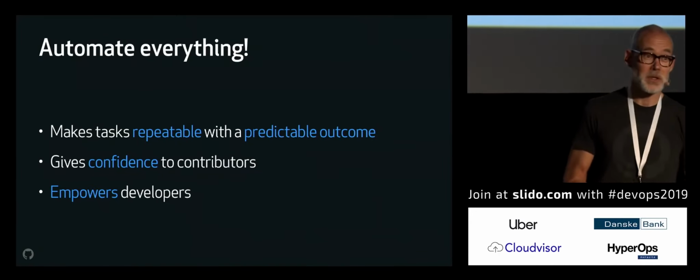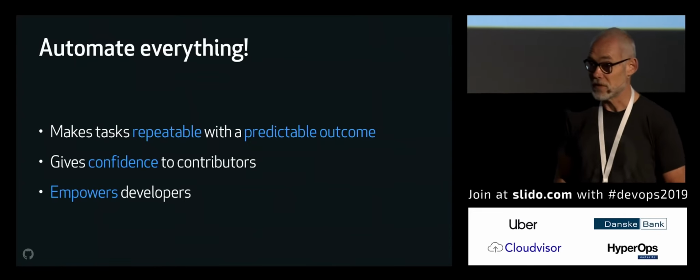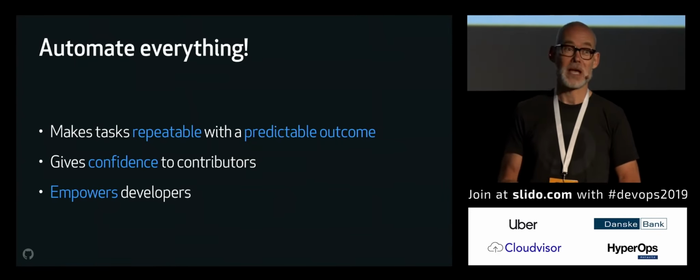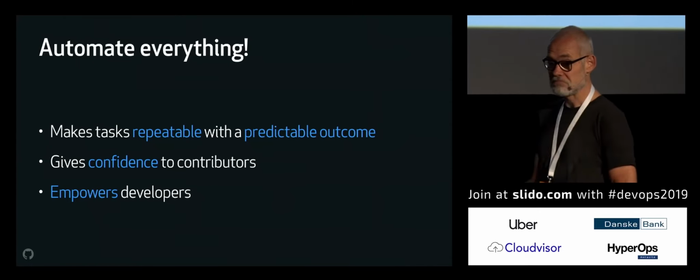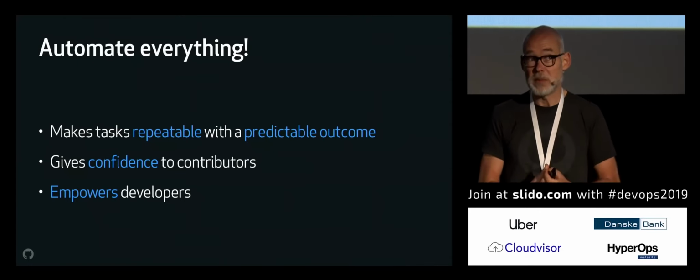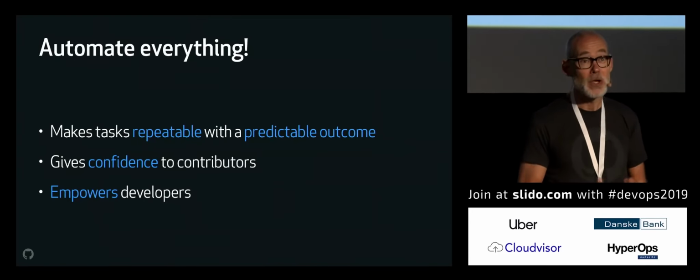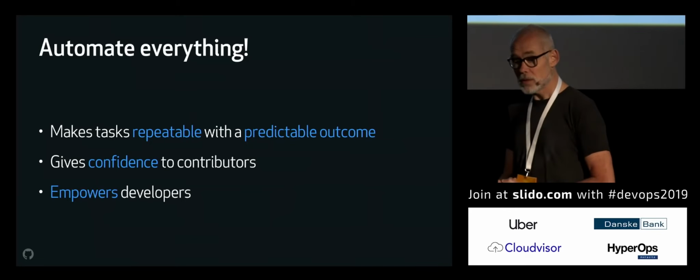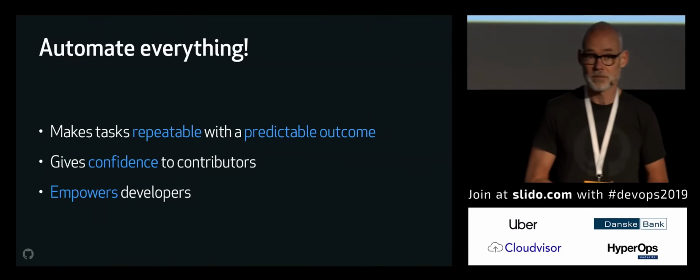In DevOps, and I think almost every talk here at this conference at some point mentions it, the message is automate everything. With automation, it makes tasks repeatable. It provides a predictable outcome. It reduces human errors. Another important part is, for example in open source, automation also gives confidence to contributors.